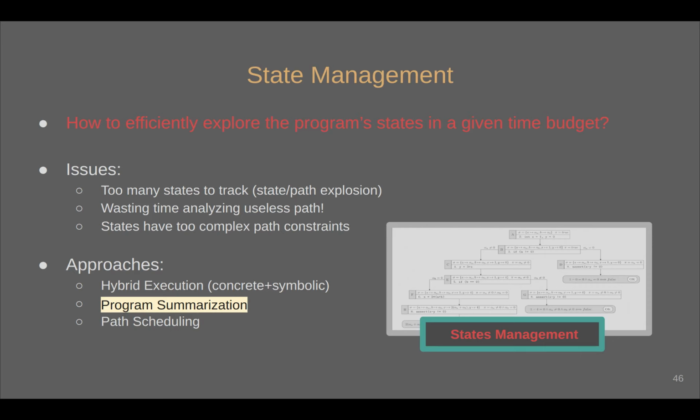So another approach in state management is program summarization. So you want to reduce the number of states that you have. You want to reduce the number of forks that you have in your state graph. So as your friend mentioned, you have a huge CRC function, some cryptography function, and it does all that code. But in reality, what you care about is that it generates a 4-byte integer or whatever.